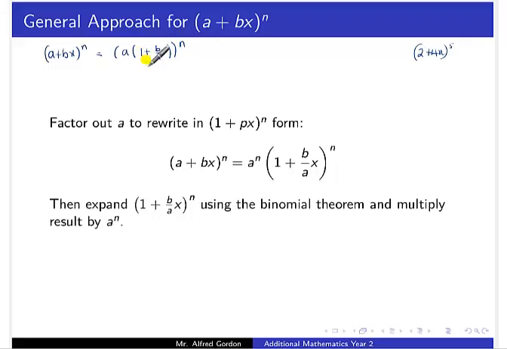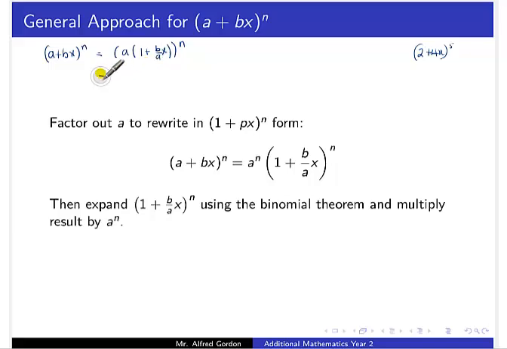As you can see, if a multiplies 1, we have a, and if a multiplies b on a, the a and a cancel to give us bx. So the two expressions are equal.